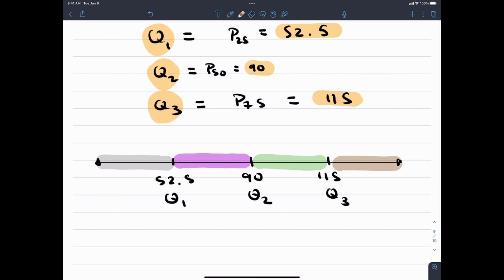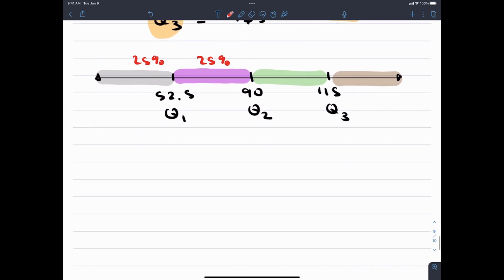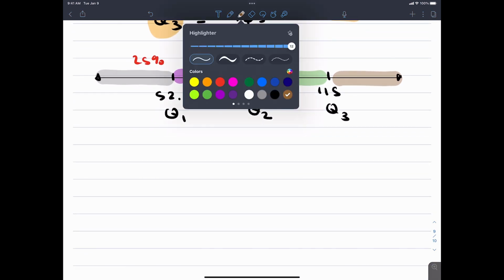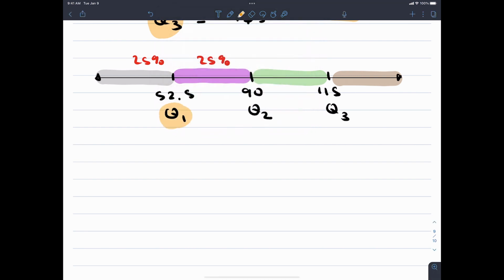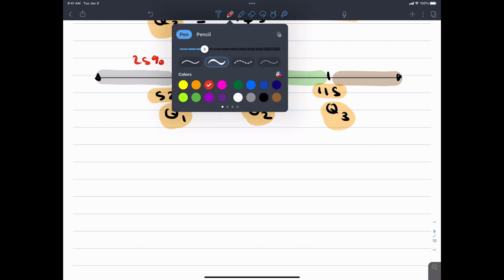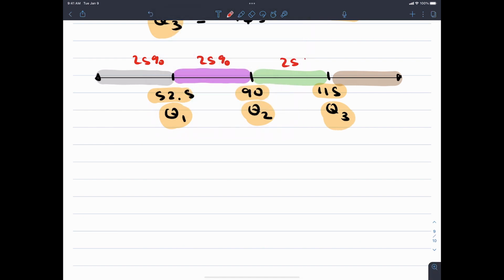Okay? 25% of the data is where? To the left of 52.5. And 50% is to the left of Q2. But I want to say between these two, you have what again? 25% of the data. Does that make any sense? Okay. What about between Q2 and Q3? You have what again? 25%.